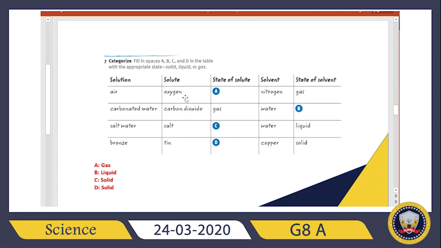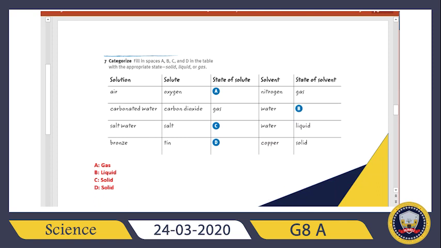The state of the solute is solid, and the state of the solvent, which is water, is liquid. Or in bronze, we say that this is a solid solution. The state of the solute is solid and the state of the solvent is again solid. Okay, you can use these as examples for solutions, and this table will help you to differentiate the solute and the solvent.